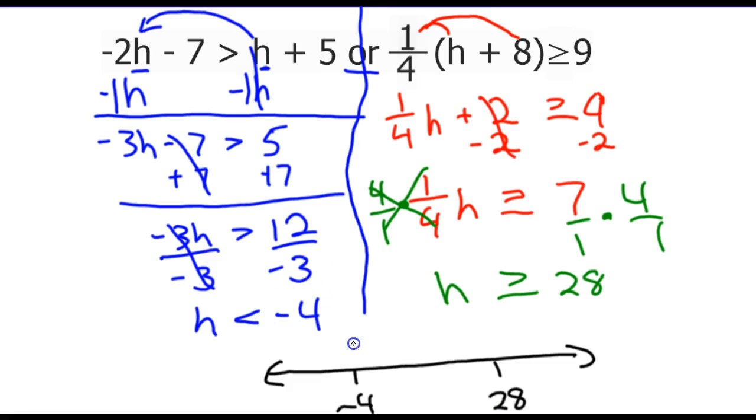Negative 4 has an open circle, and this one is pointing to the left. 28 has a closed circle, and this one is pointing to the right. So h could be either less than negative 4 or greater than or equal to 28.